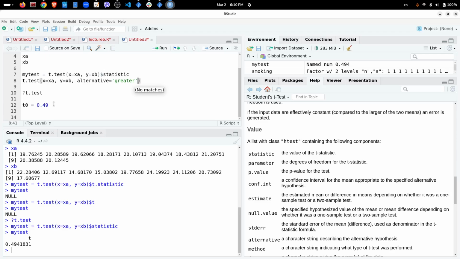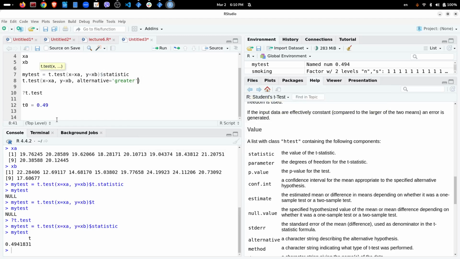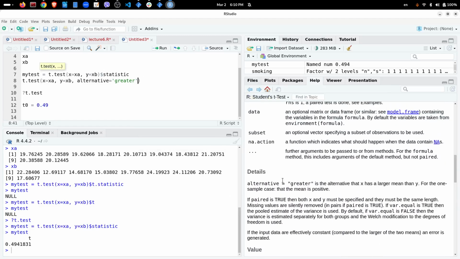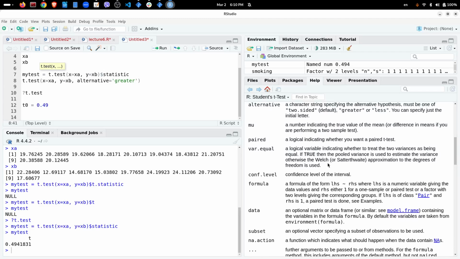And let's see what else we need. Var equals, usually we put false here. We don't have any reason to believe that the var is equal between the two groups.